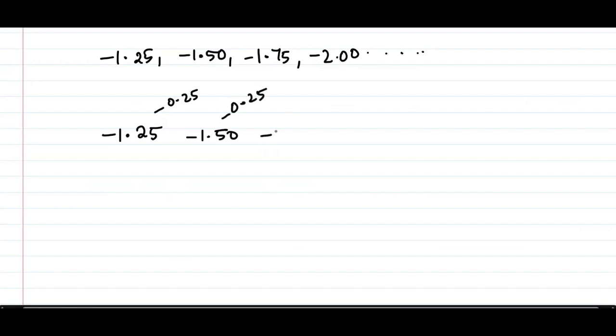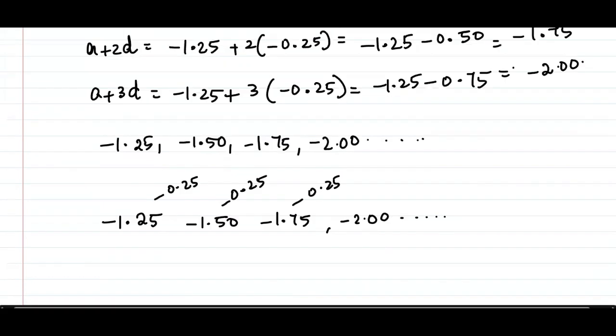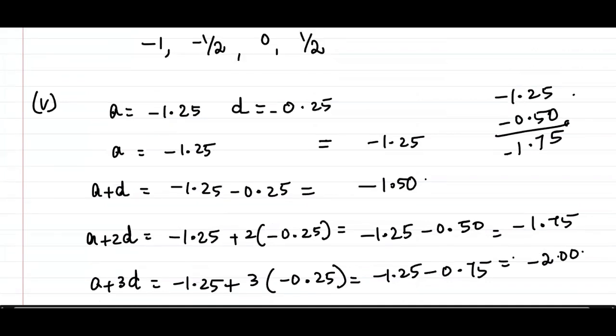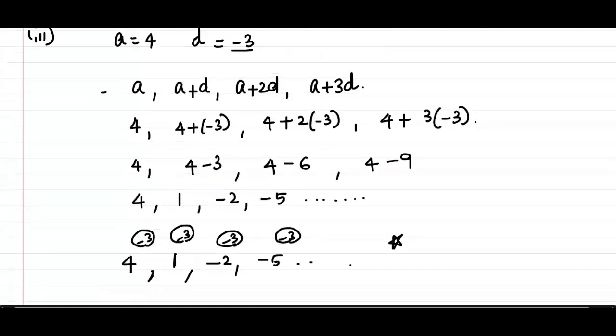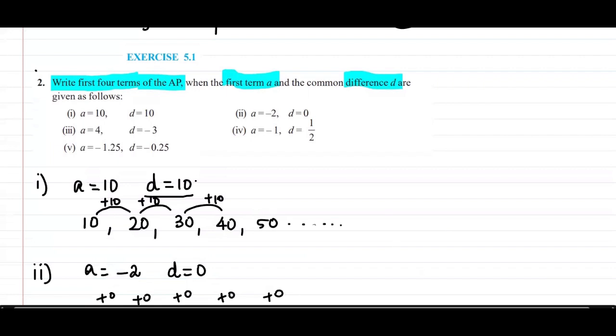That will become minus 1.75. Again, if I add minus 0.25 to this one, it will become minus 2.00, and so on. Okay, so these are the first 4 terms of an AP. Easy, clear? Fine. Okay.